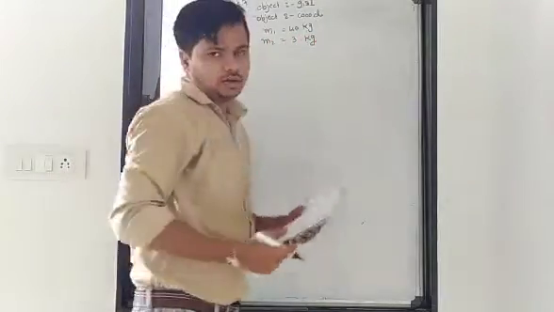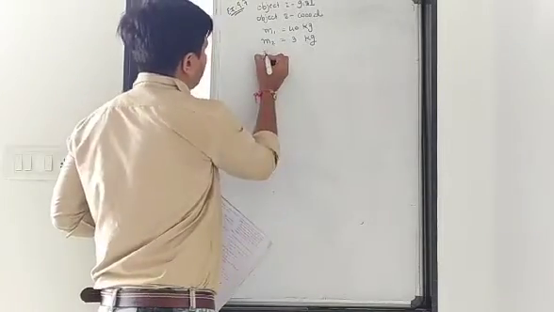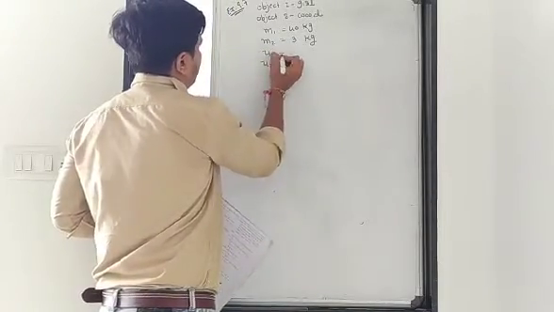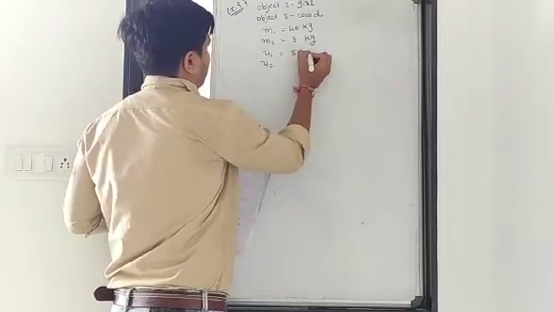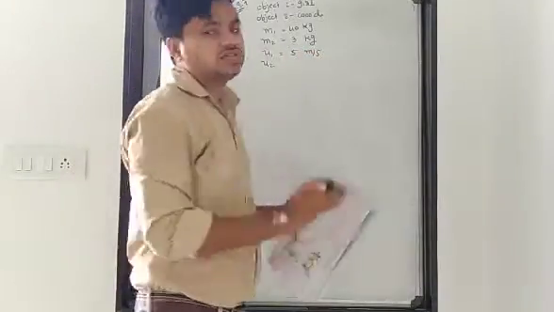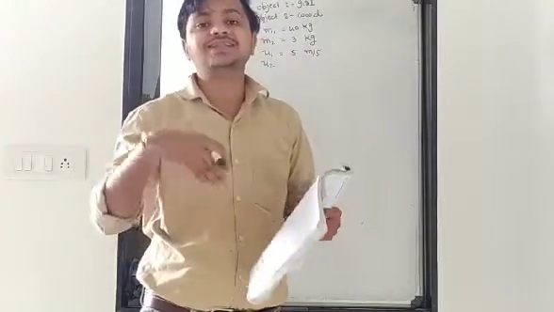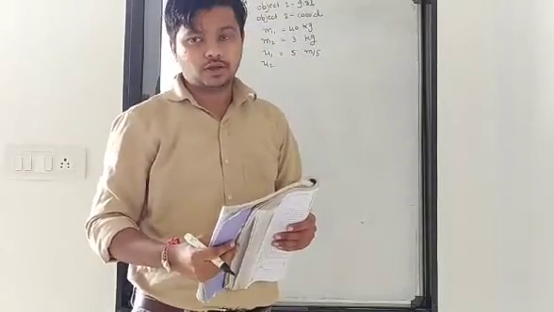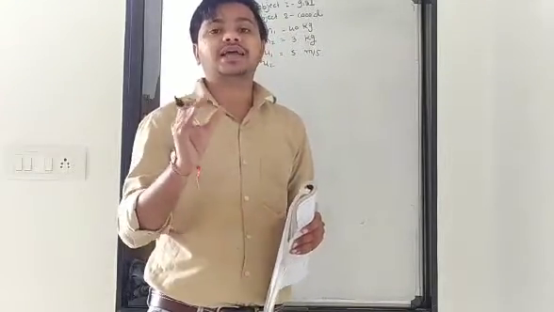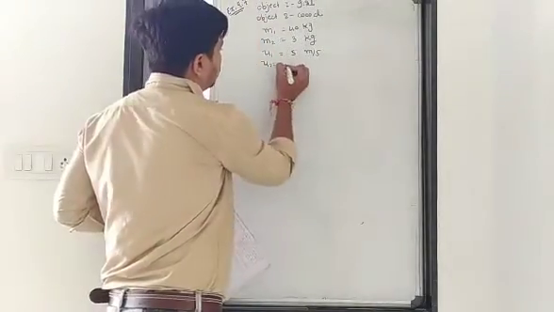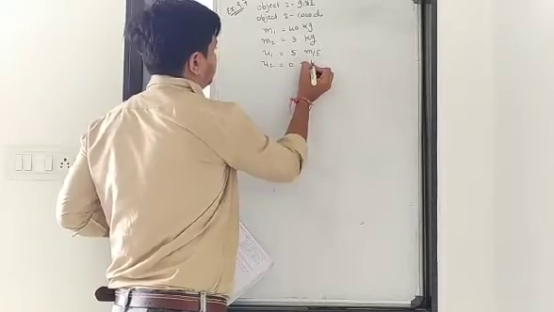Before jumping, the velocities are u1 and u2. The girl's velocity is 5 meter per second. Before jumping, she runs with 5 meter per second and then jumps on the wooden plank. When she moves with 5 meter per second, the wooden plank is stationary. So u2 is 0 meter per second.